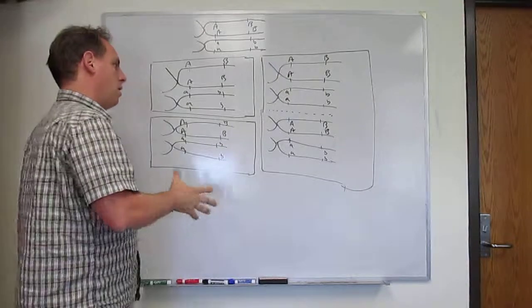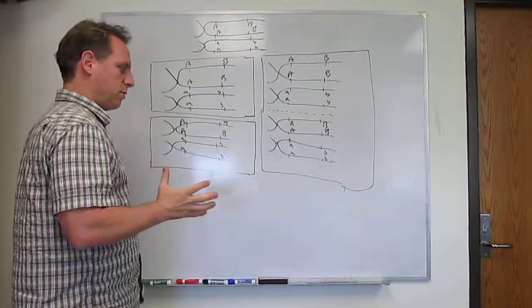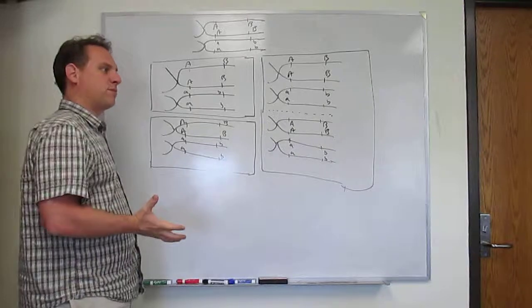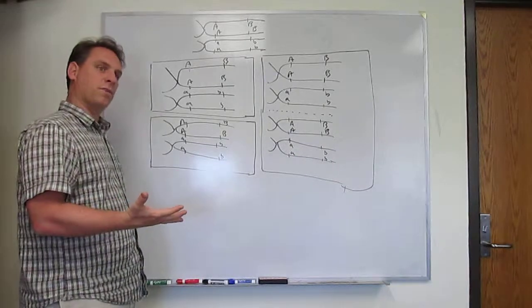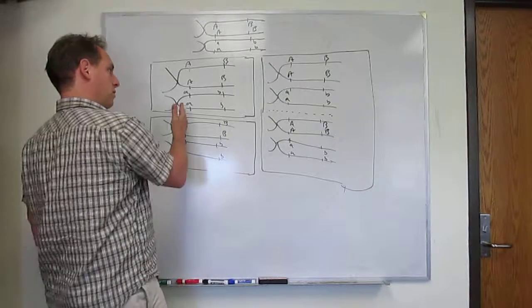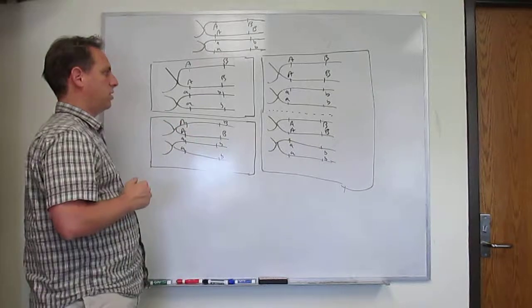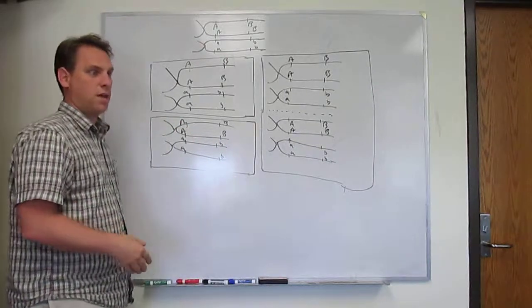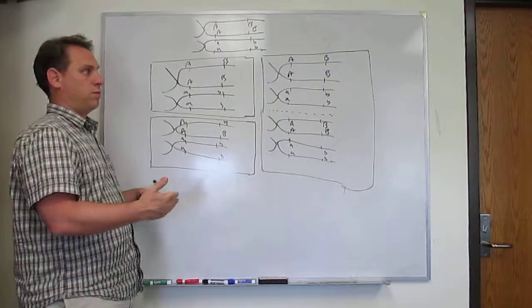All right. What I'm going to show here is an overview now of the relationships between the numbers of crossovers and the different types of tetrads, and we're going to use those relationships to calculate a formula to estimate the genetic distance between these two different genes. And of course, genetic distance is measured in centimorgans, and centimorgans measures the number of crossovers that occur between two genes.